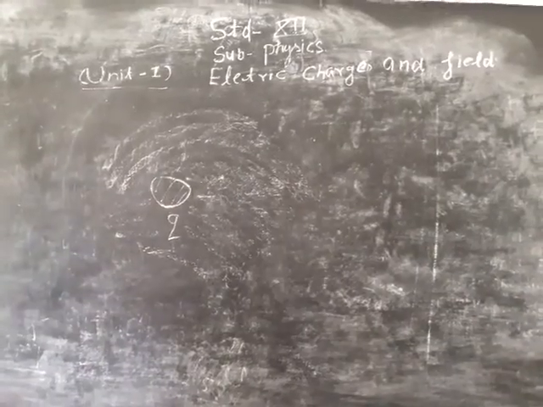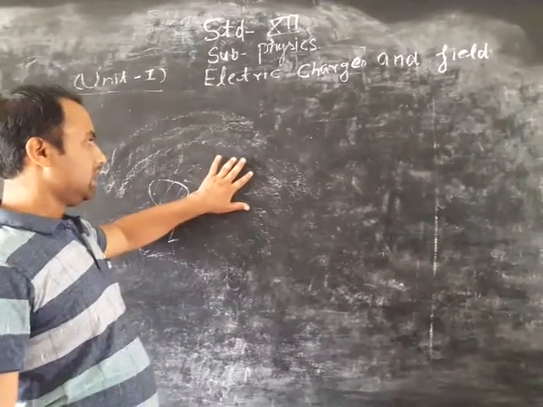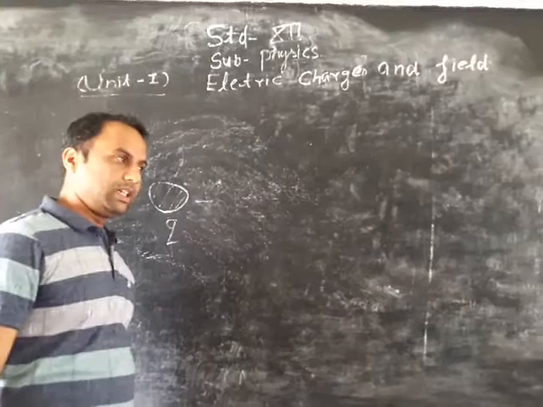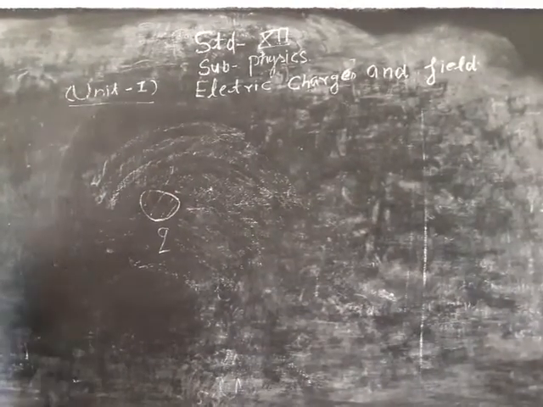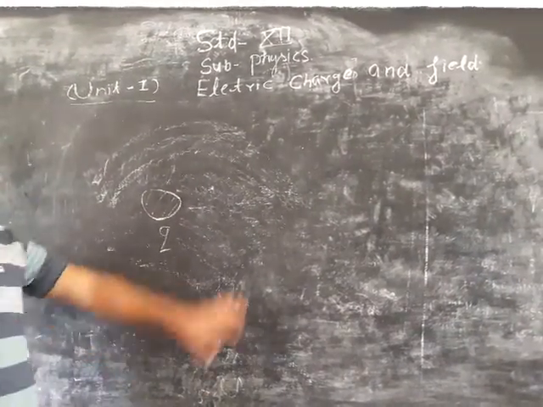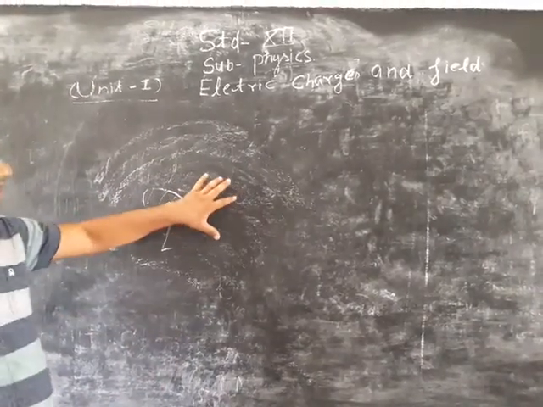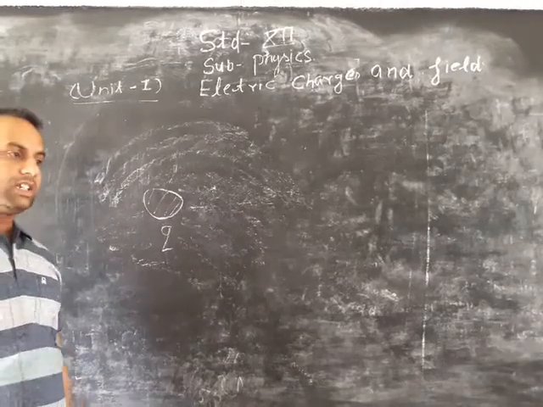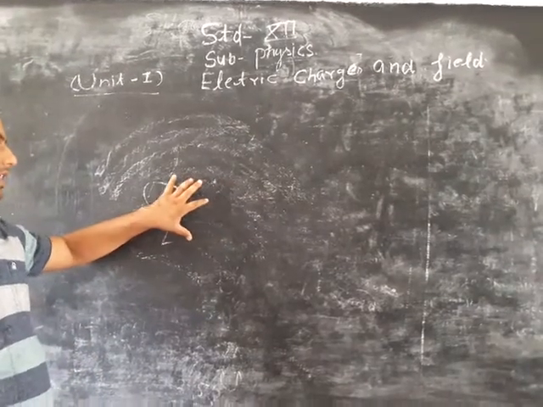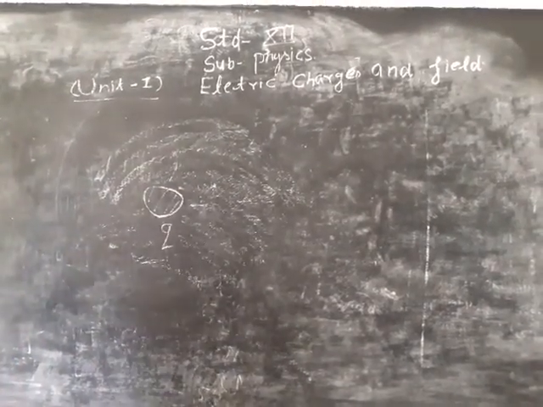And if it experiences a force, this region is called the electric field. It means if any charge is placed in any space, and any external charge is taken in this region and feels a force, that is called the electric field.